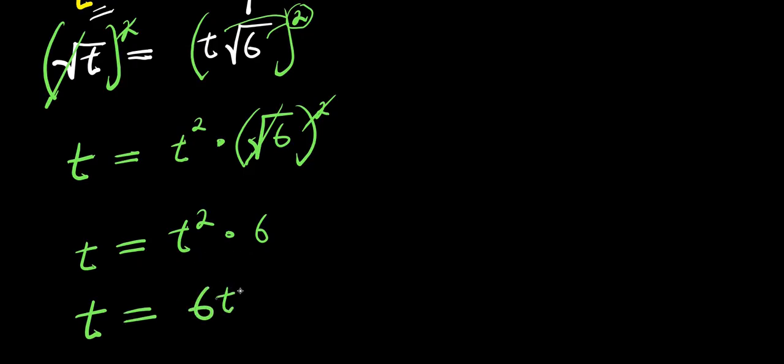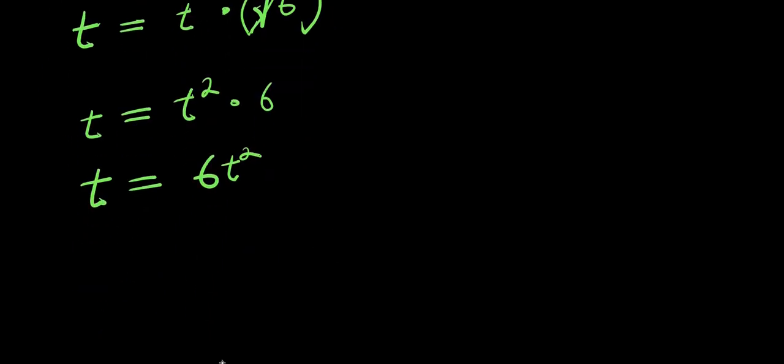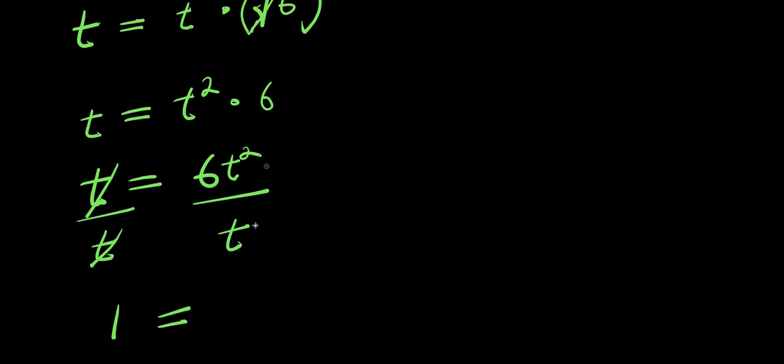This is 6t squared. Now, we can divide this by t and divide this by t. t eliminates t, I have 1, equals, for this t is to the power of 1.